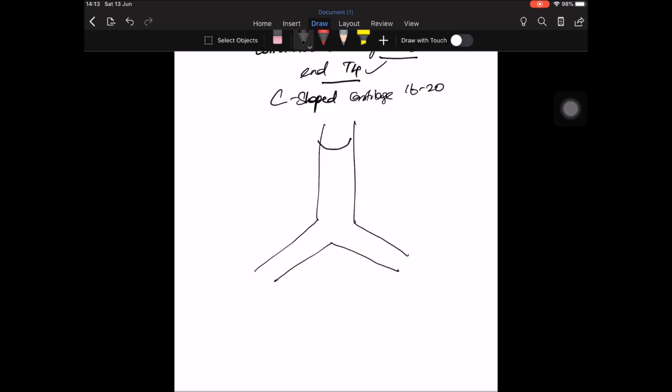So this is how exactly the trachea looks. These are the C-shaped cartilages, 16 to 20 in number, and this is the angle of the carina, the lower border of the trachea, where it bifurcates or splits at the level of the lower border of the T4 thoracic vertebra.